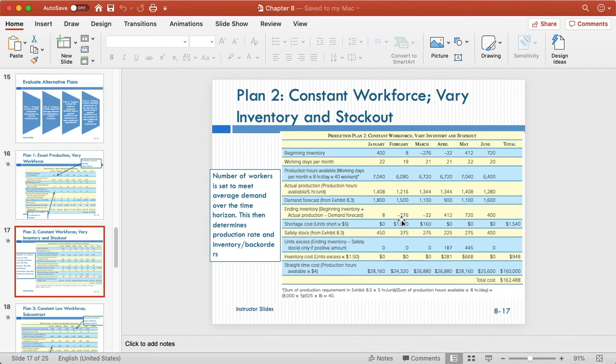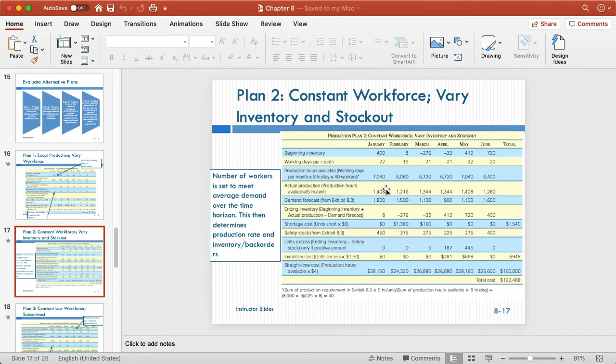Think about this. How to get the ending inventory? It should be straightforward. At the beginning, in January, how much inventory do you have? 400. Within January, how much do you produce? 1408. So at the beginning you have 400, and in this process you additionally produce 1408.